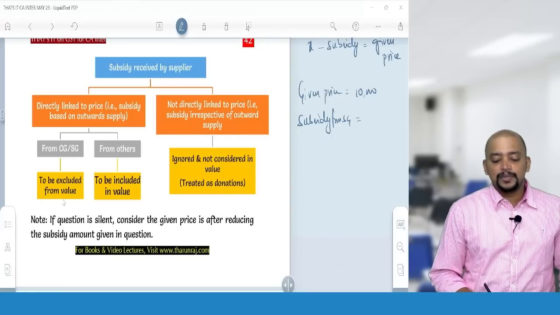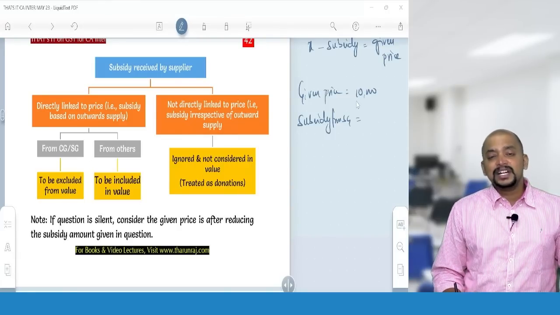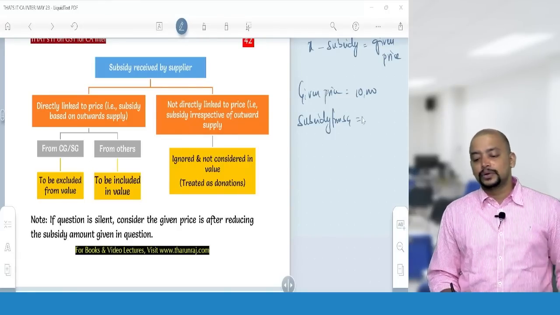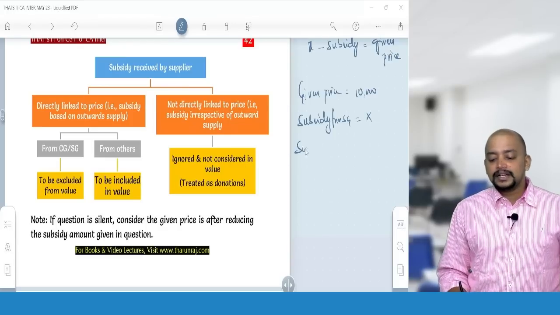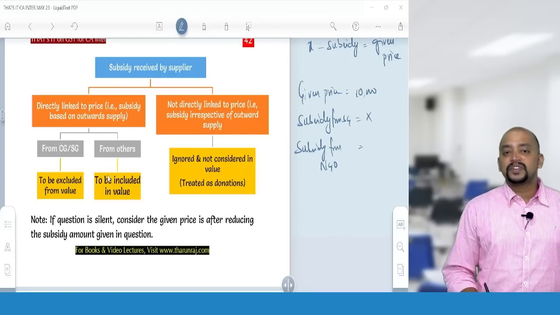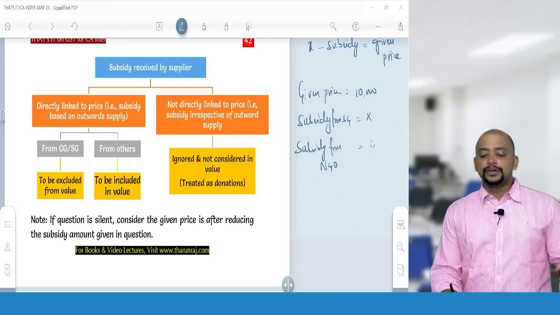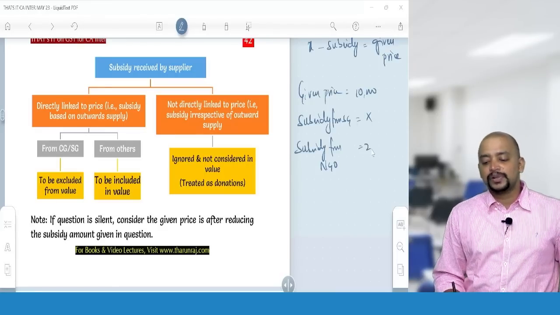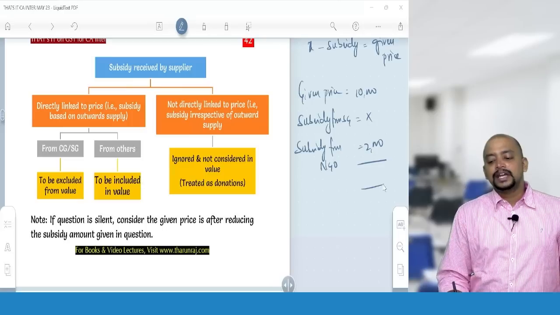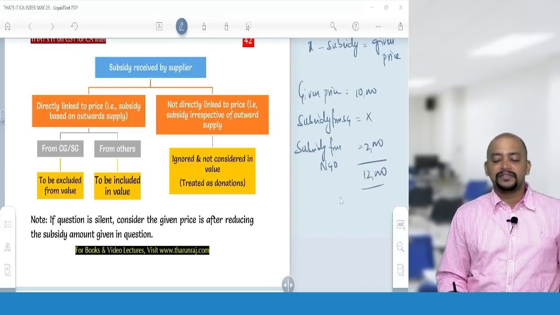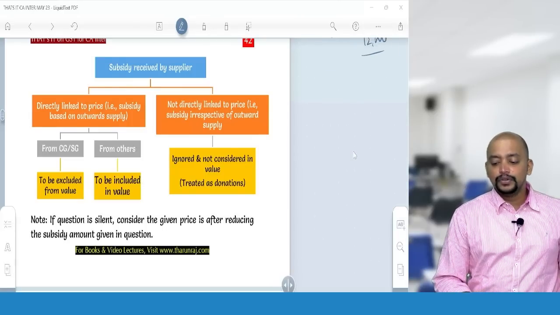Subsidy from state government is to be excluded, and while arriving at this 10,000 it is already excluded, so you ignore it. And subsidy from others, say subsidy from NGO. Subsidy from NGO is from others, so it is to be included in the value. To arrive at this 10,000, it has already been reduced, so we need to add. Say for example, subsidy from NGO 2,000. Then this 12,000 will be taken as the value. This is view 1. Whereas view 2 is there.